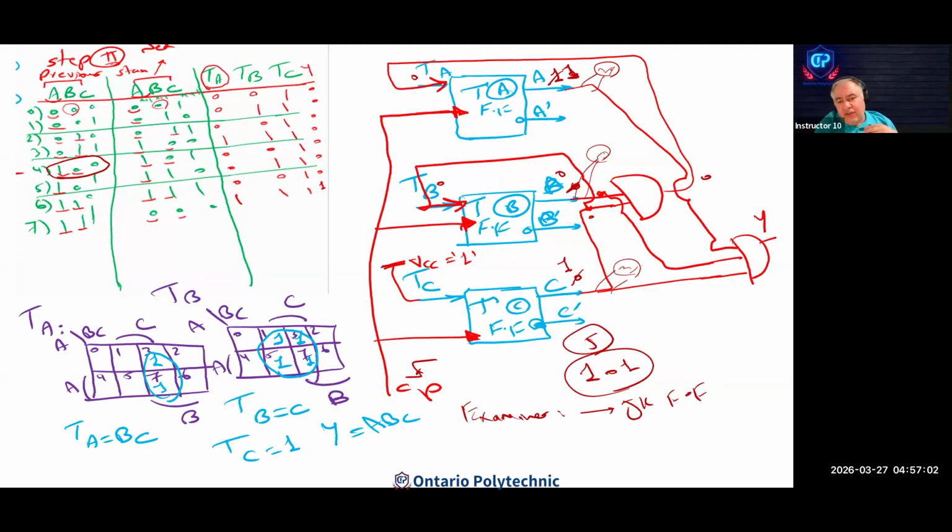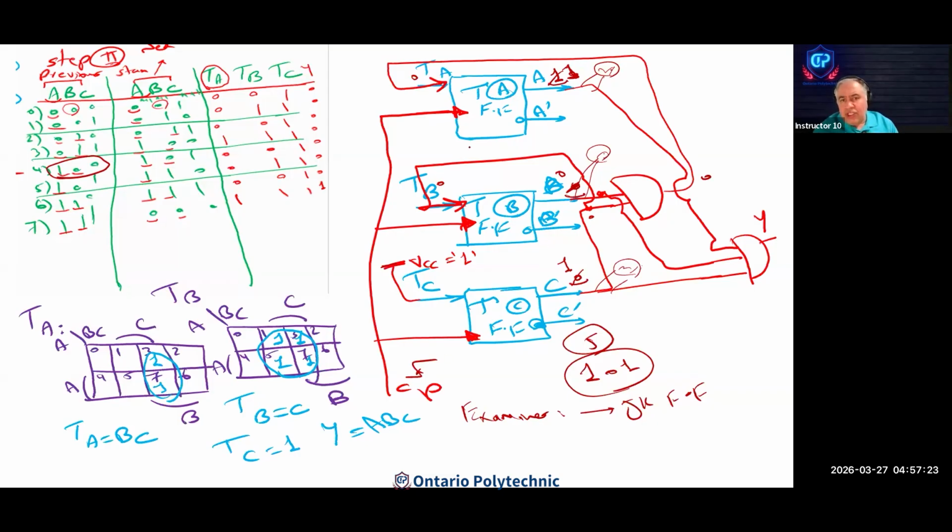Before going to the JK flip-flop, would you please repeat the check again? Yes. For example, we have 1, 0, 0, and the clock pulse is coming.